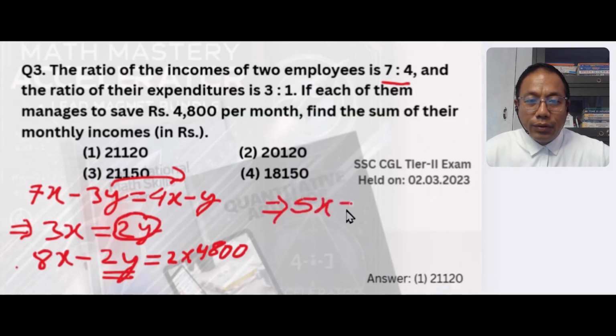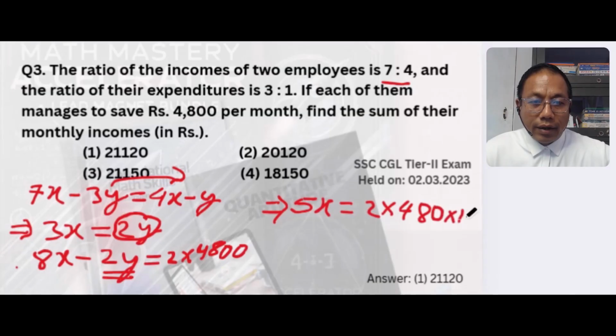5x is equal to 2 times of 4800. I'll write it as 48 into 100. Instead of 4800, I write it separately because I want to cancel with 5. 5 to our 10.